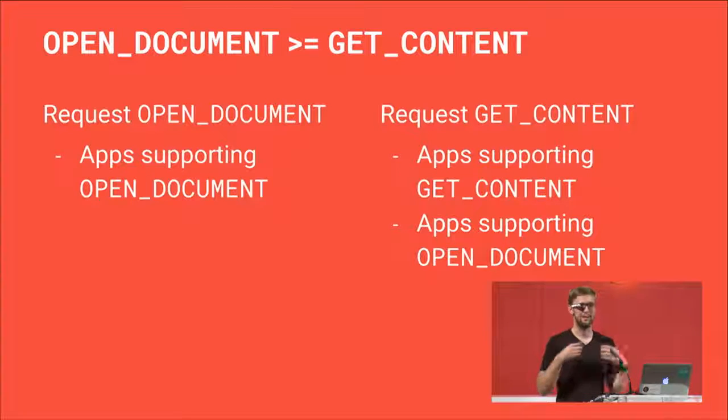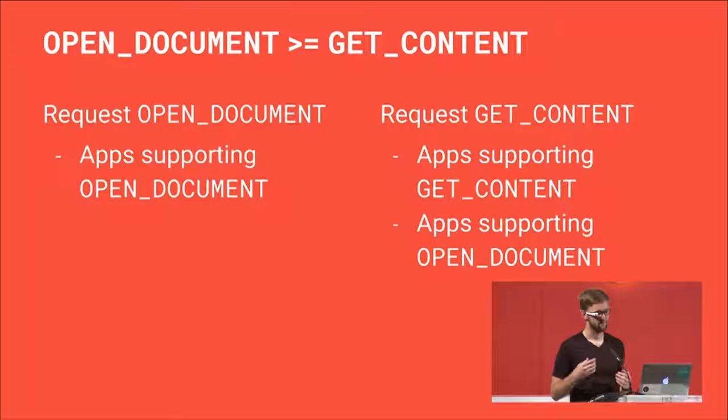The same opening, the same checking things on either one. Now, this does allow us to do some optionally cool things. There's actually a document contract is document URI. So you can check to see if your return result is actually a document URI, and then you can use those new APIs. And if they've selected something from a get content app, then you can just use the default functionality.